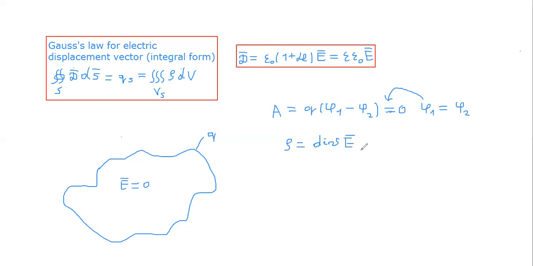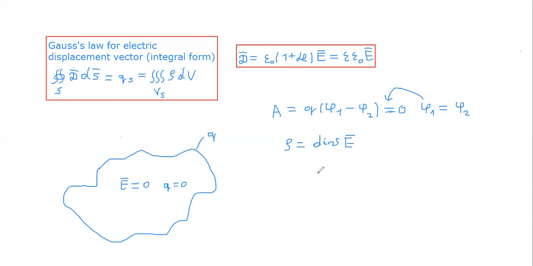And because of this, if E is equal to 0, Q inside the conductor is equal to 0. So there is no electric charge inside the conductor.